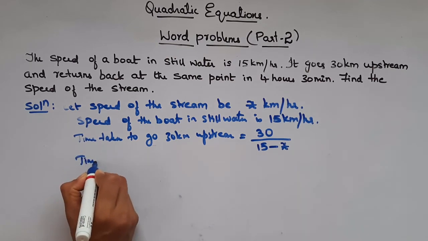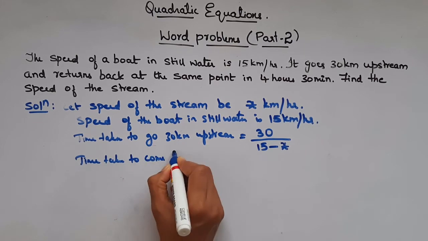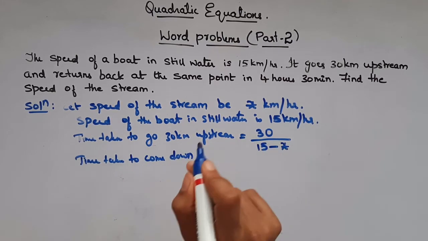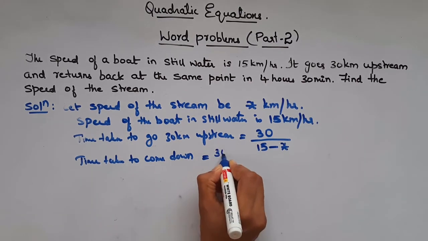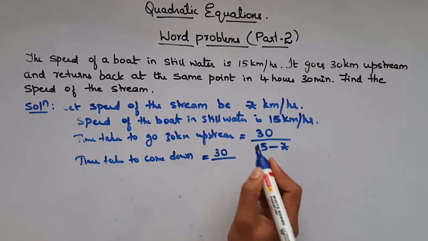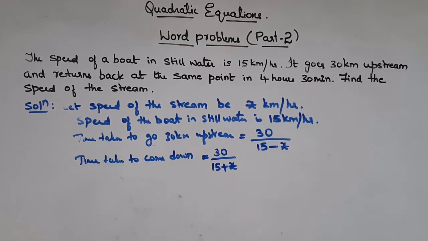Similarly, time taken to come down to the same point from where it has started is 30 by 15 plus x, that is with the flow, right? So it is 15 plus x.